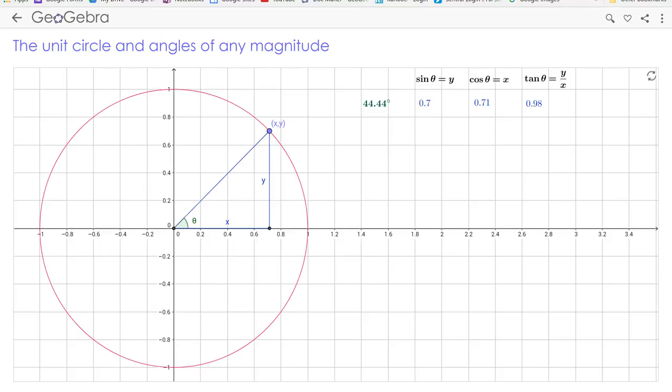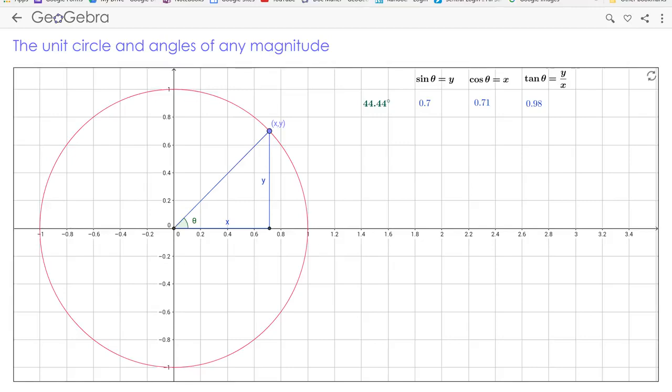So here's our right angle triangle, and we can see that at the moment theta is an angle of size 44.44. Don't know whether we can just adjust that a little to make it exactly 45. No, I can't.